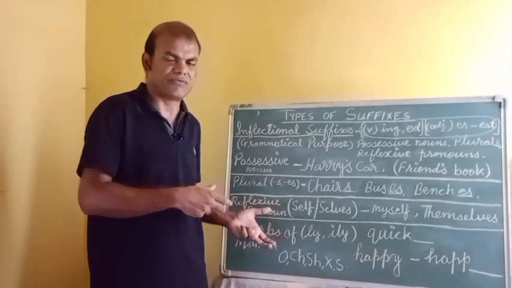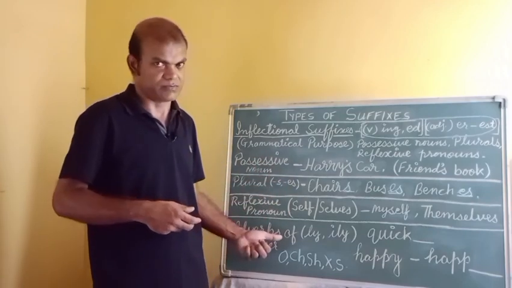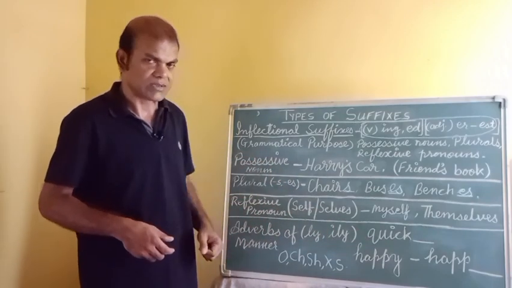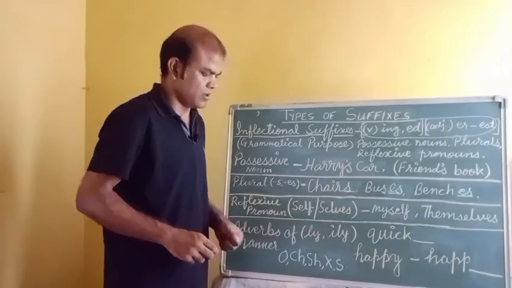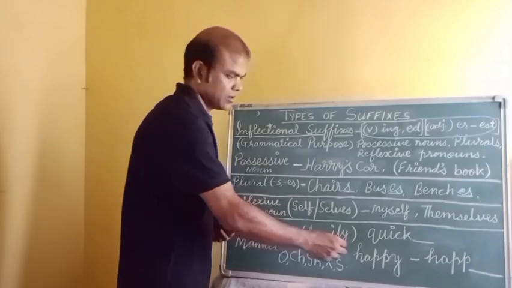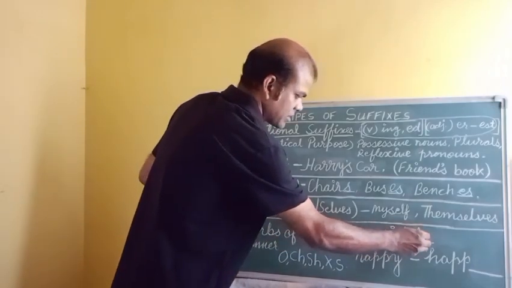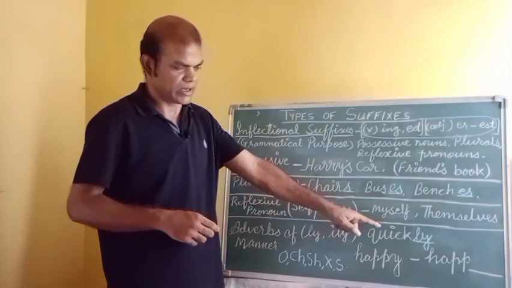We use these suffixes to change an adjective into an adverb. Now we'll see the example. Quick. Quick is an adjective. To change this word into an adverb, we are going to add ly after the word quick. We got the adverb quickly.